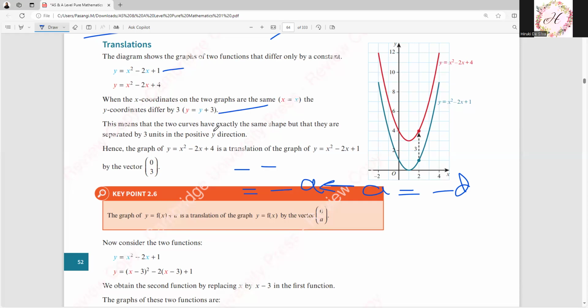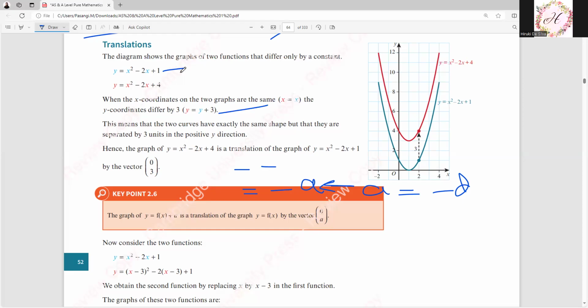So the two curves have exactly the same shape, but they are separated by 3 units in the positive y direction. Hence, the graph of y equals x squared minus 2x plus 4 is a translation of the graph of this one. So the second graph is a translation of the first graph.